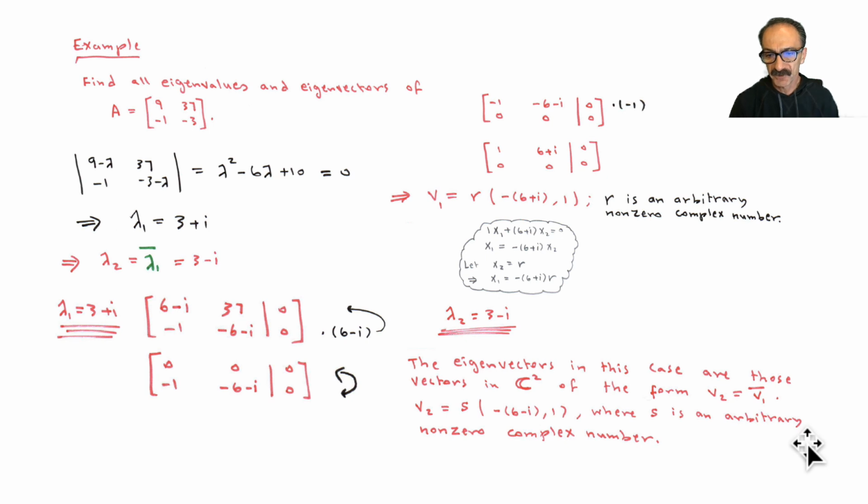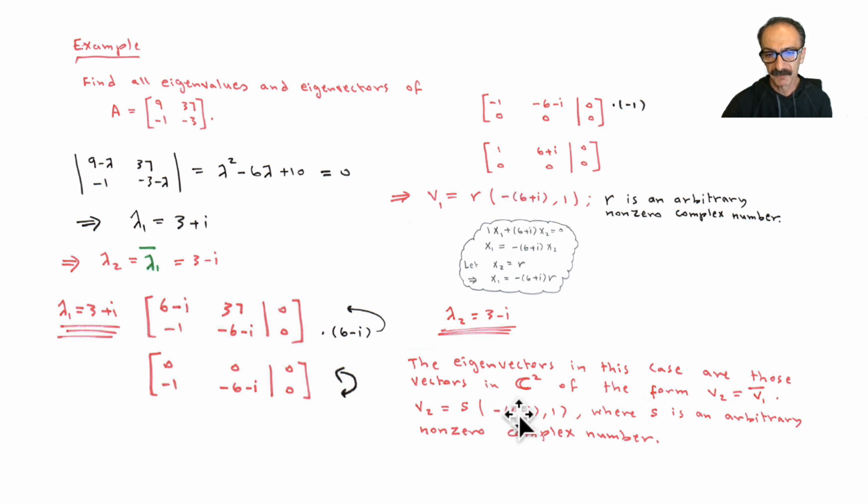The eigenvectors in this case are those vectors in C2, complex numbers, of the form v2 equals v1 conjugate. So what is v2? s times minus 6 minus i and 1. The 1 does not change. The plus i inside is now minus i.